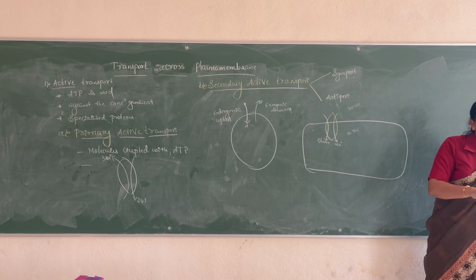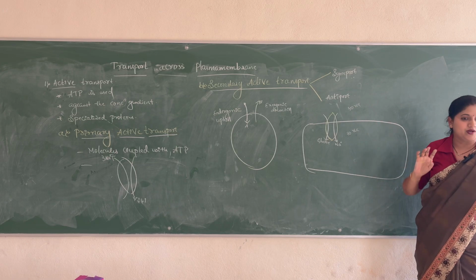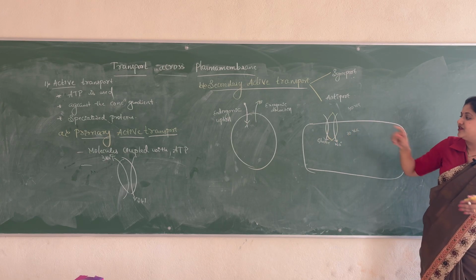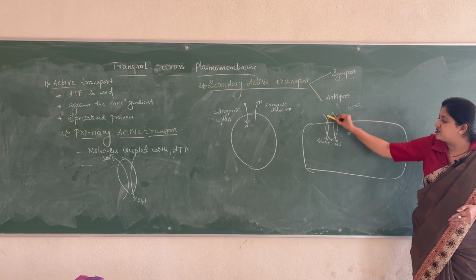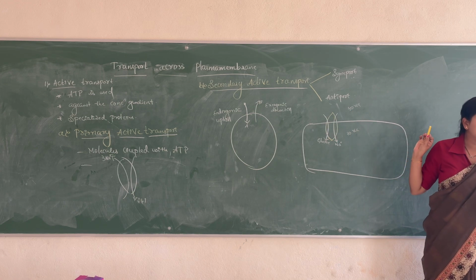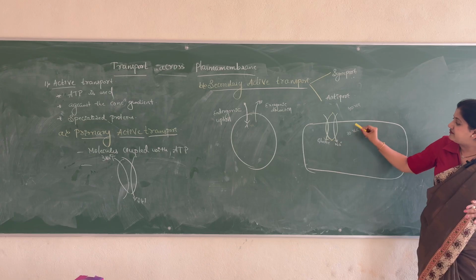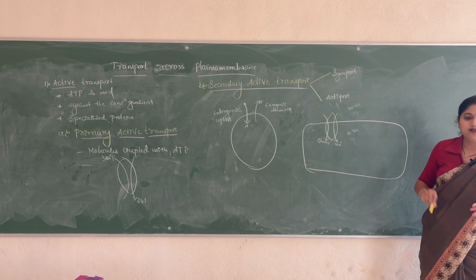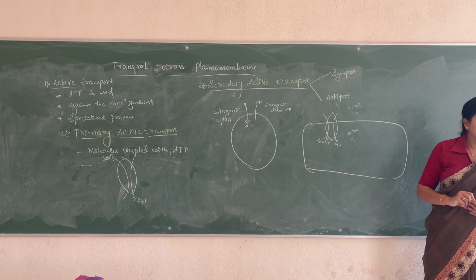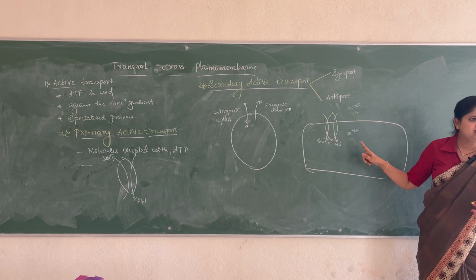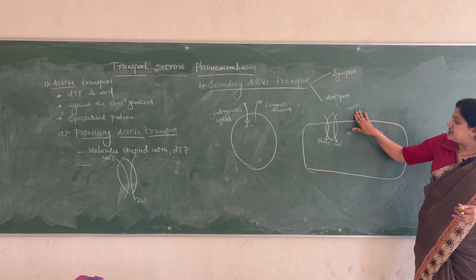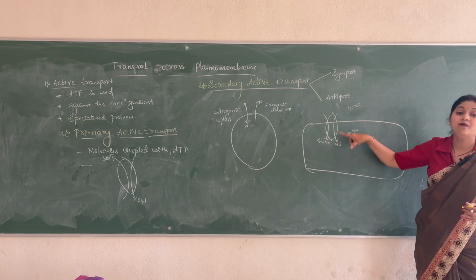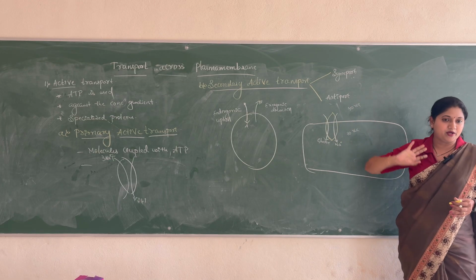So the nutrient combines with the sodium, and both the molecules enter inside. Even though it was 30 and 70, it becomes 29 and 71 inside. So where both the molecules are transported in the same direction, we call it the symport.